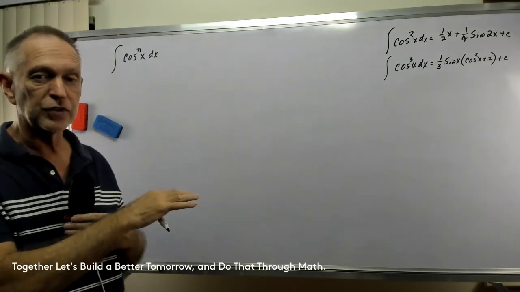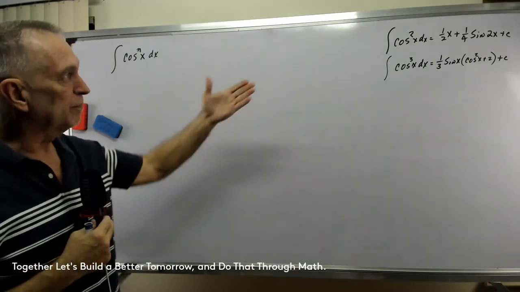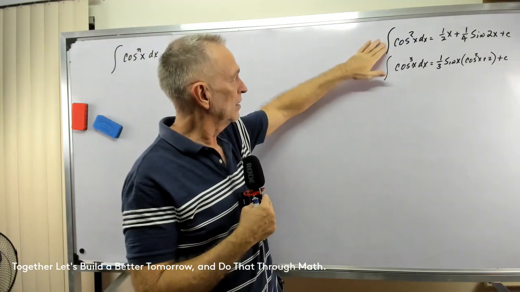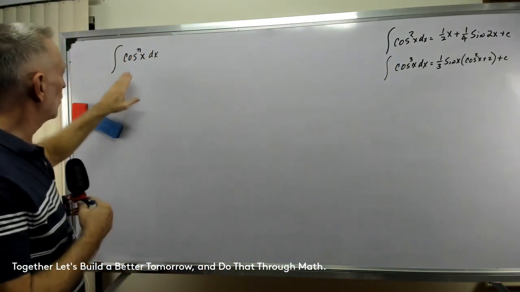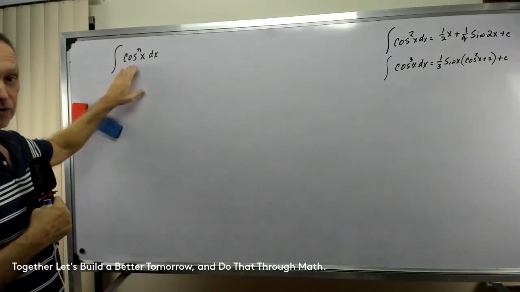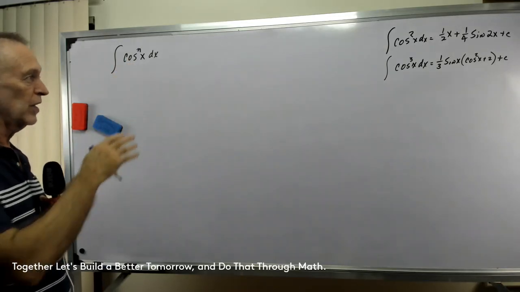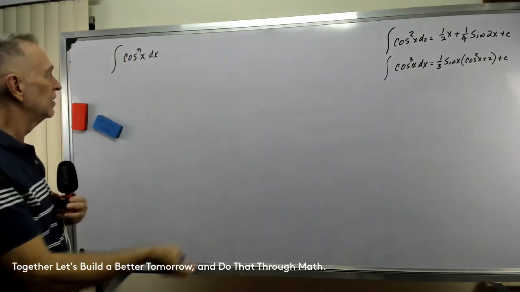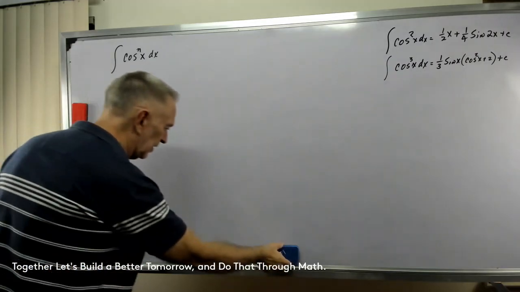Well, we've gone through the integral of cosine x squared, cosine x cubed, and now we're going to do the same thing with cosine x to the n. So hopefully we can work through this and then compare what we had previously to the results here. All right, let's get after it.